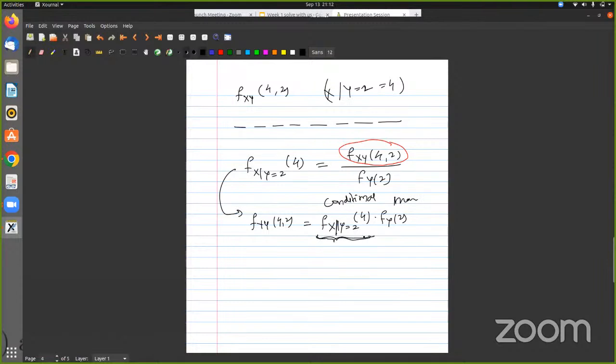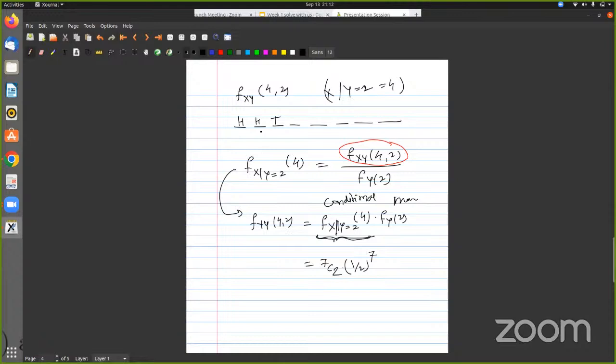So this is 7C2 of 1 by 2 to the power 7, right? Tell me what this is. Given that y equals 2 means what? It is HHT, right?